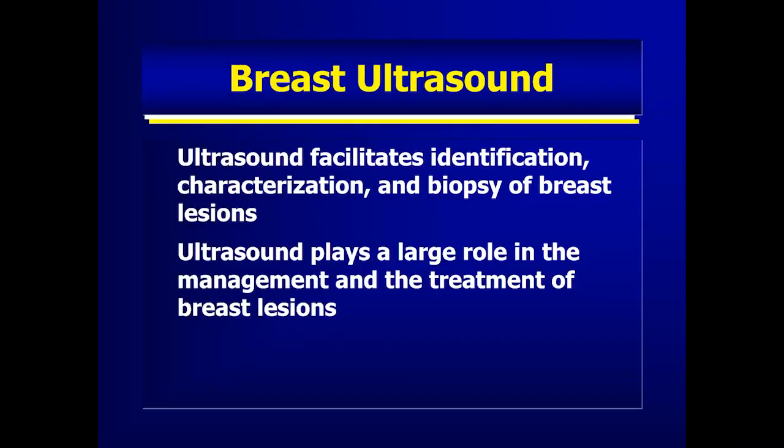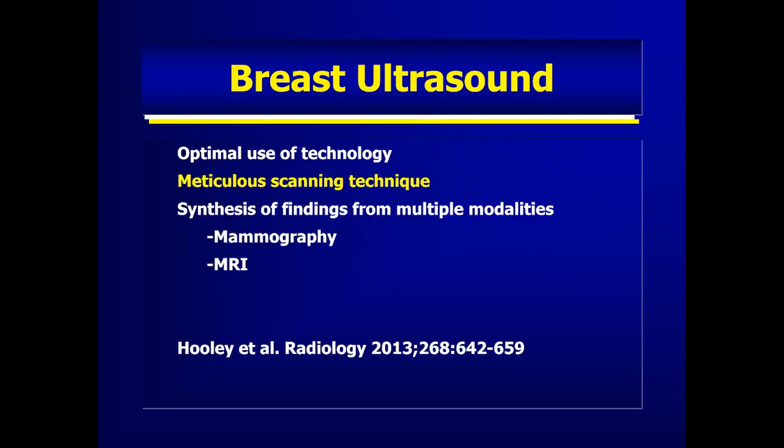So in general, ultrasound facilitates identification, characterization, and biopsy of breast lesions. Currently, ultrasound plays a major role in the management and treatment of breast lesions. It really is an indispensable component of modern day breast imaging. To make breast ultrasound efficacious, we have to optimally use the technology.